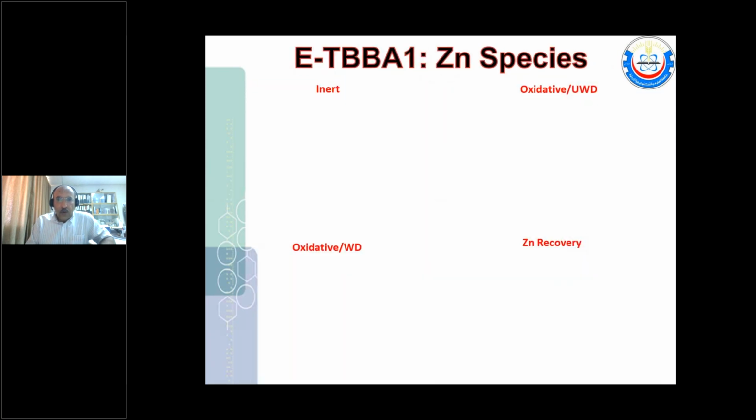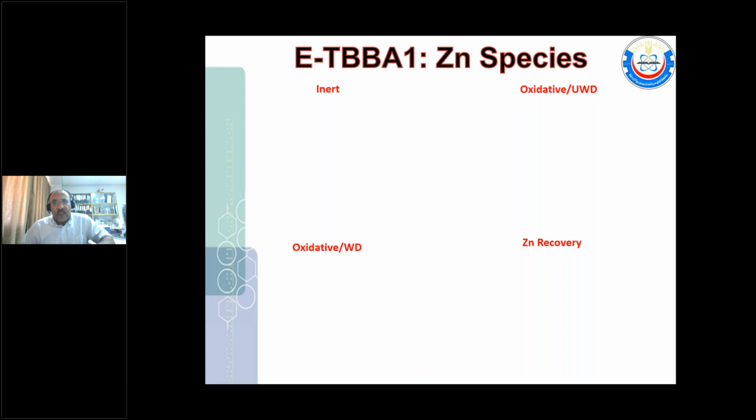So here we looked at, and I see I'm running out of time very quickly. We took these three proportions or three mixtures and looked at several species, mainly zinc species, lead species, and iron species. We looked at them using this software when the environment is inert, so no oxygen.